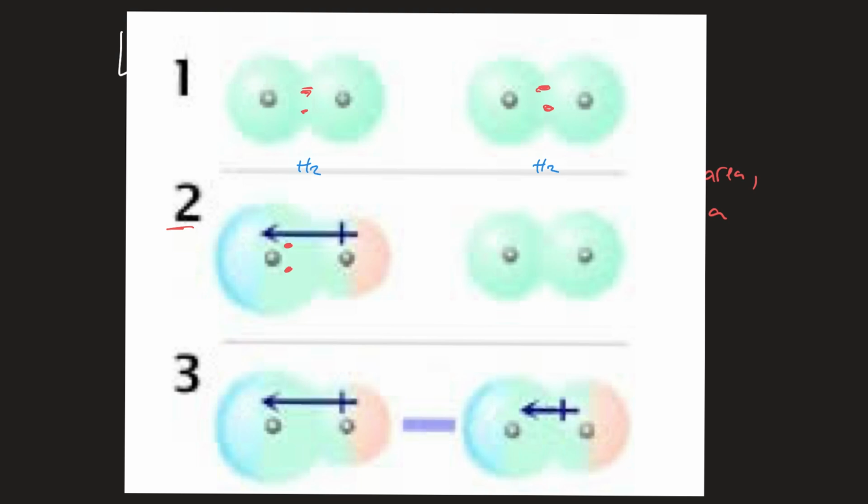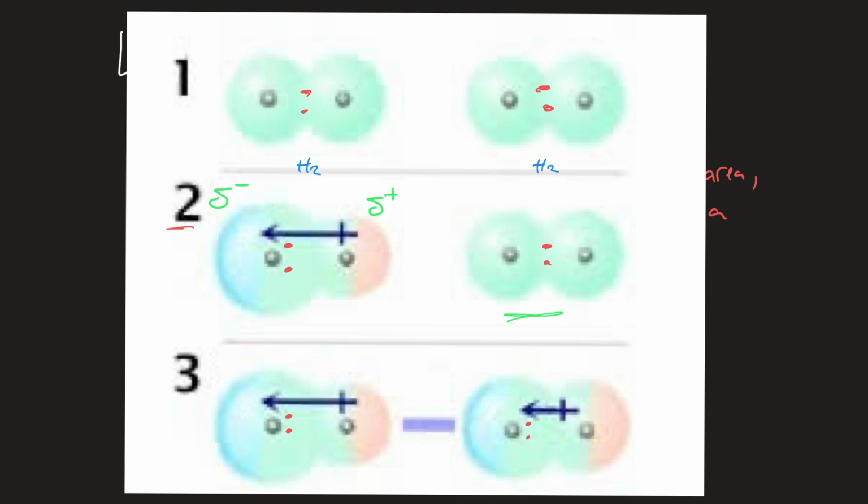Since the electrons are closer to the nucleus on the left, the left side will have a partial negative charge, while the right side will have a partial positive charge, just for that moment until the electrons move. Now, for the second atom here, let's say the electrons are also moving around, and it happened that around the same time, the electrons moved to the left side of this atom too.